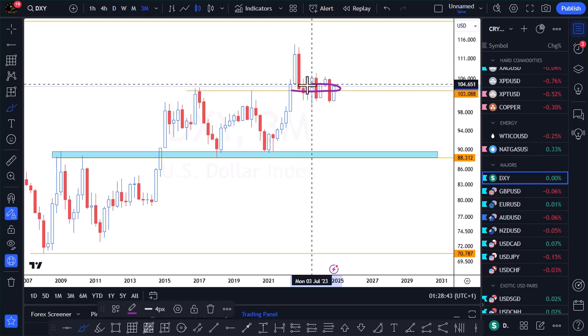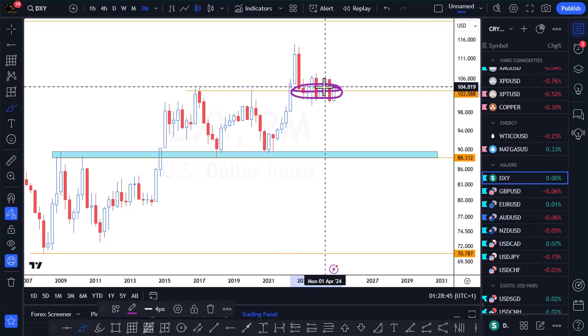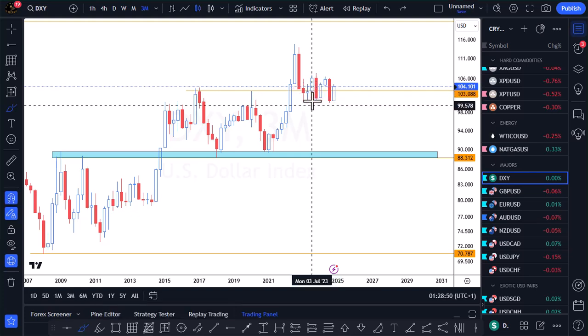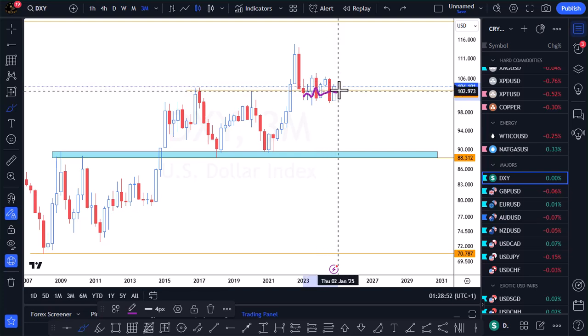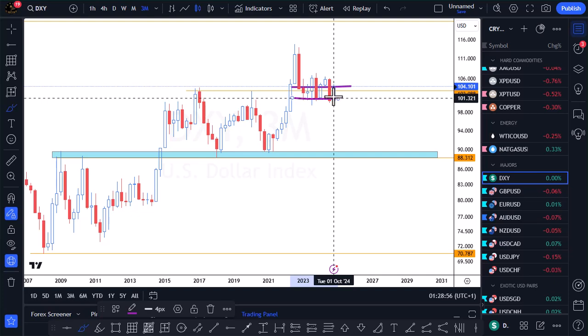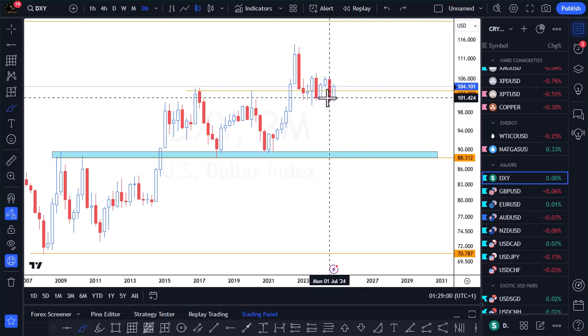Price broke through this key level structure multiple times. We have price dancing up through this level right here. Whenever price dances through a key level, support or resistance, multiple times, it means the strength of such key level has been voided. It means the key level has been invalidated.